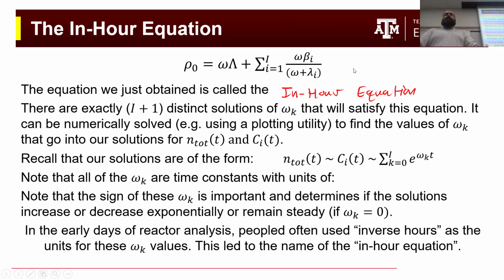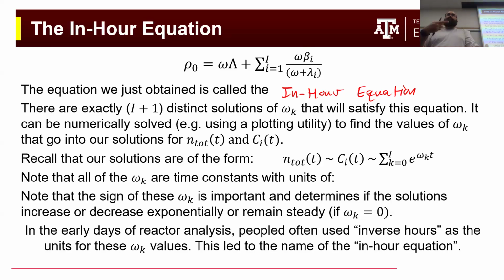If you were to plot this solution out, depending on how many precursor groups you used, like if you use capital I precursor groups, then what you're going to find is that if you plot this thing out, it's going to almost look like a wiggly arctan function, but with a bunch of repeating parts. And there's going to be exactly I plus 1 places where that function crosses the horizontal axis.